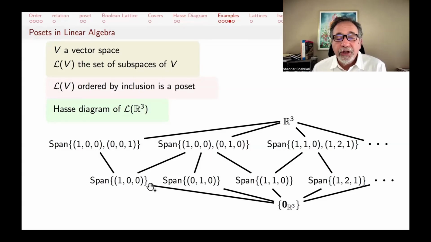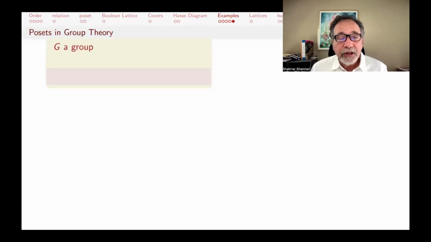They include (1, 0, 0), they also include (0, 1, 0), and they include (1, 1, 0). So these are subspaces of those and so forth. So you can think of subspaces of R3 in this way. If the field of scalars was not the real numbers, but was a finite field, then you would get a finite poset.